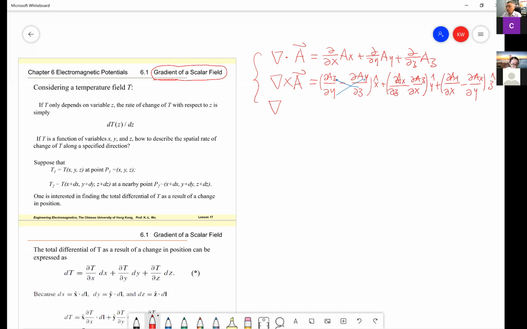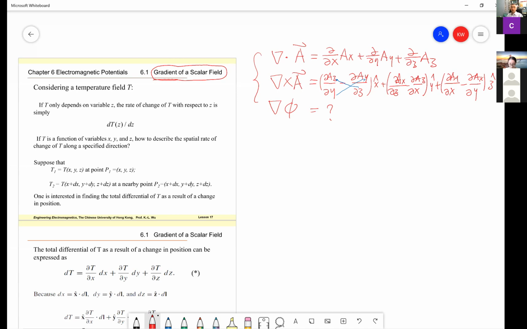Now the gradient acts on a scalar field. Now let's see what that is. Let's consider a temperature distribution, for example the current temperature distribution in my office.